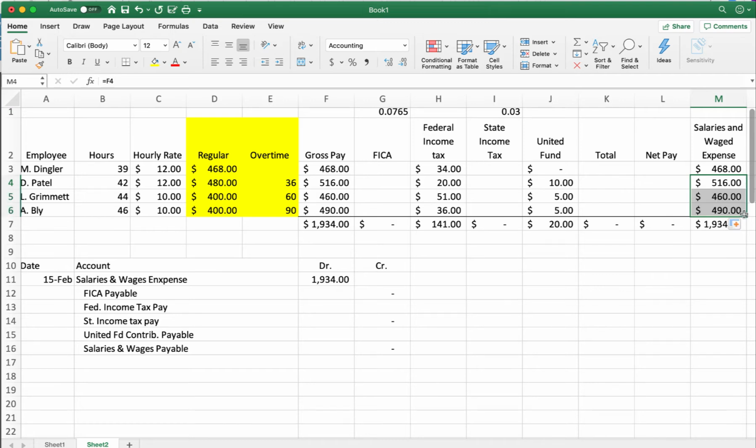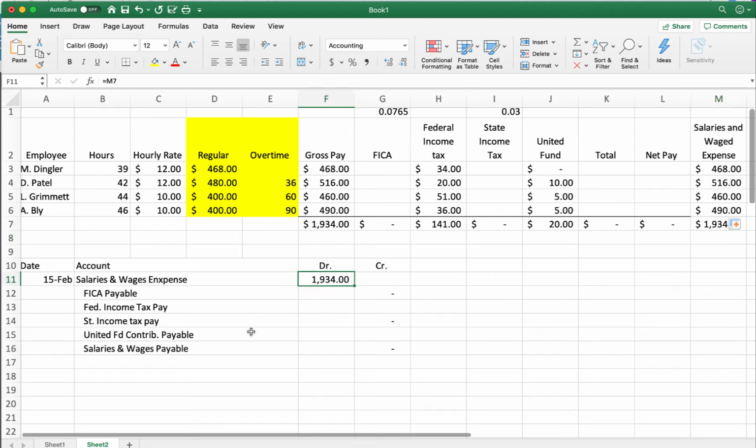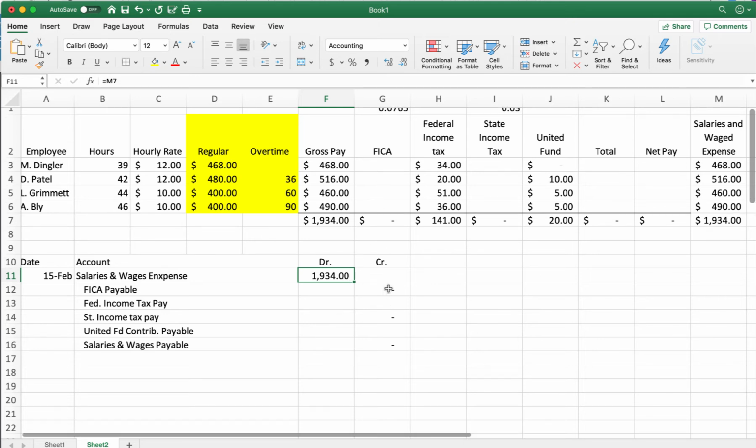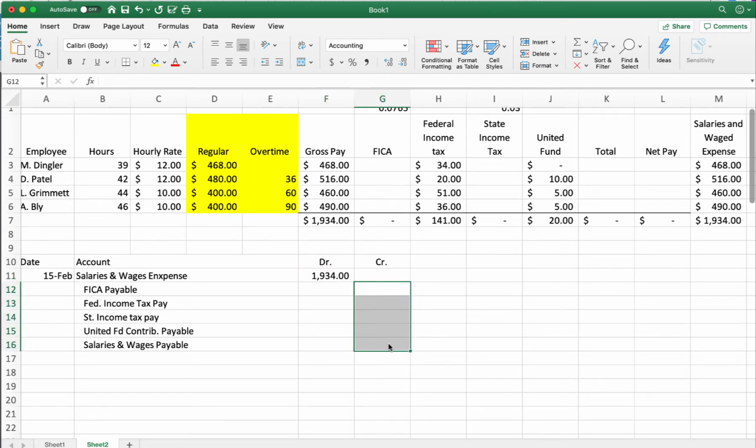So I click and drag that down, and notice my salaries and wages expense is $1,934, okay, which is the amount of the journal entry for wages and salaries expense, okay?